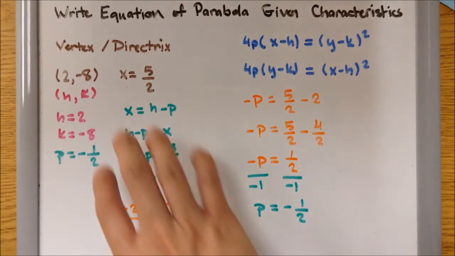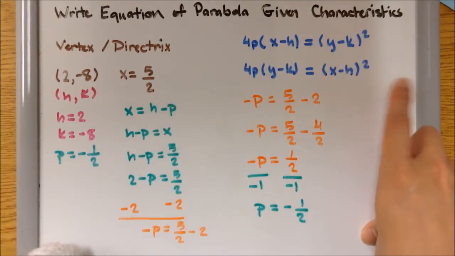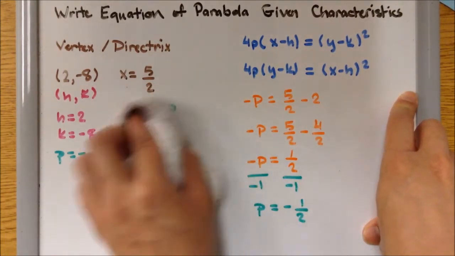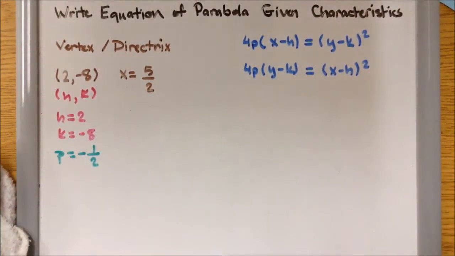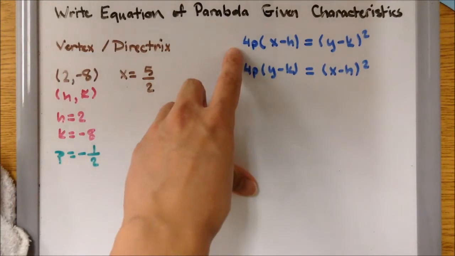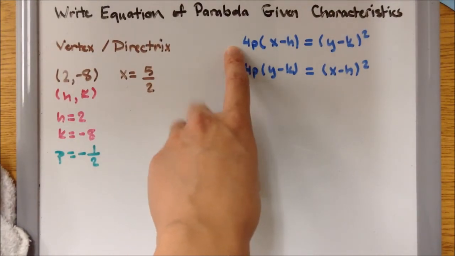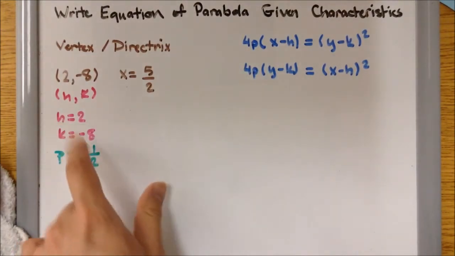Alright, next, I'm going to erase to make more room and then write out the equation that we're going to plug in. Now, as I stated before, we're going to use this equation with the square on the y, and plug in for h, k, and p.